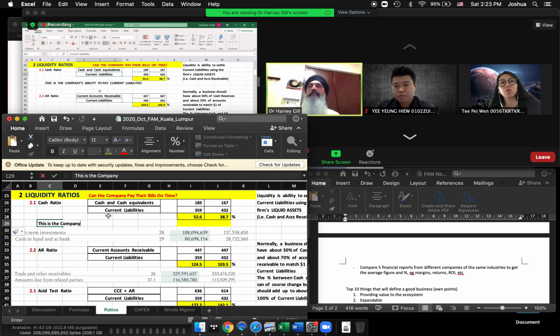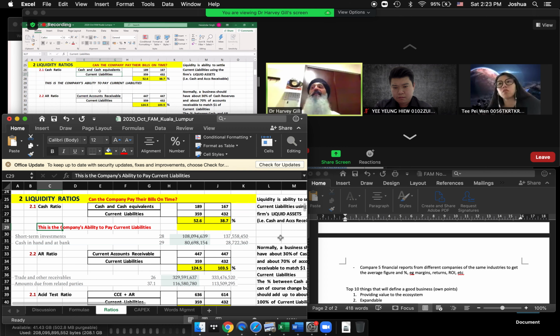You should have 30 cents to the dollar in cash. That means if I owe short term $1, I'm not going to have to pay all my current liabilities in one go. Some I pay today, some I may pay next week, some next month, some in a few months' time, because current liabilities means anything that I owe for the rest of the year.